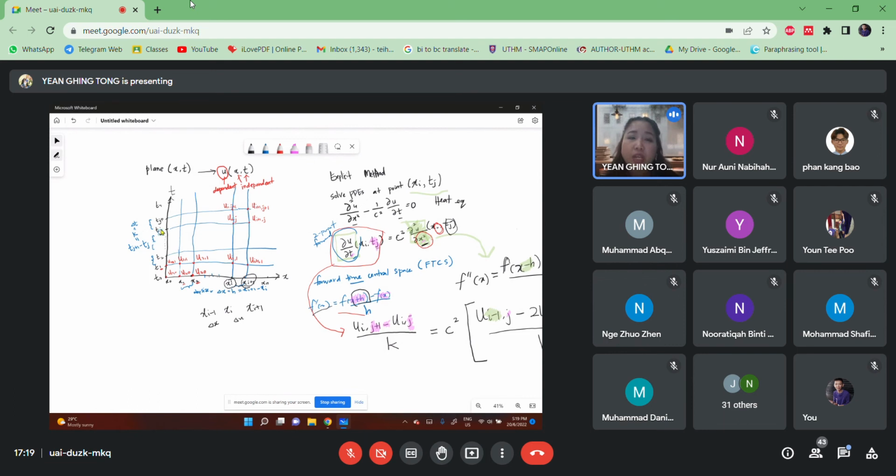That means j plus 1, turun ke bawah, j minus 1. Boleh tak? So that means here, if let's say I want to find this value, turun ke bawah maksud u i j. Ke sini maksudnya u i, j minus 1.